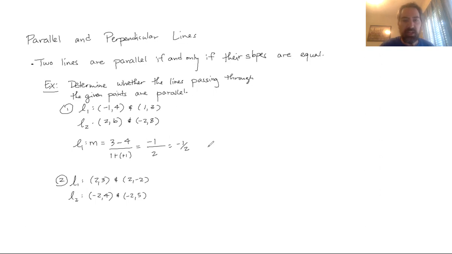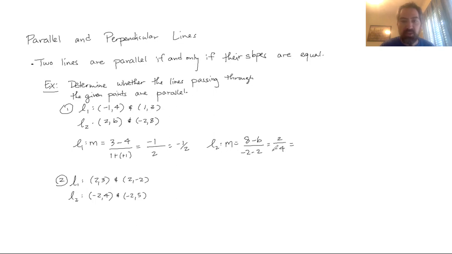Now we can look at the slope of line 2. The slope is the difference in the y values, 8 minus 6, and we're dividing that by -2 minus 2. 8 minus 6 is 2. -2 minus 2 is -4.